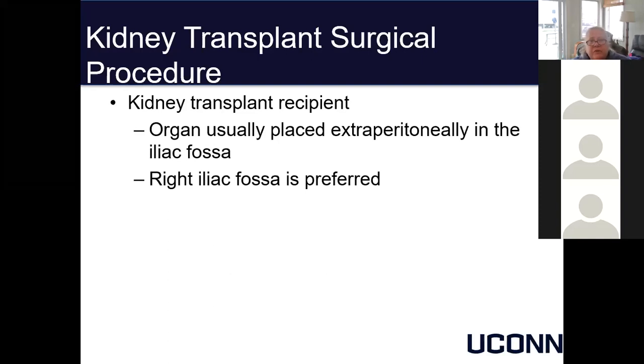And I think the other interesting thing is that when the kidney receiver gets the kidney, it's not put in the same place where the original kidneys were. They place it outside the peritoneal area in what they call the iliac fossa. So it's in a completely different area than usual. And one of the reasons physiologically, my understanding is the kidney is where it is because it gets protection from the ribs back there.